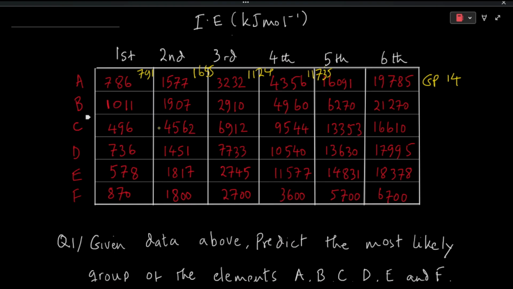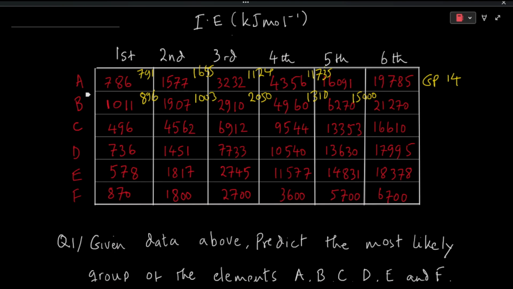For element B, the difference between the second and the first ionization energies is 896. Between the third and the second is 1003. Between the fourth and the third is 2050. Between the fifth and the fourth is 1310. Between the sixth and the fifth is 15,000.